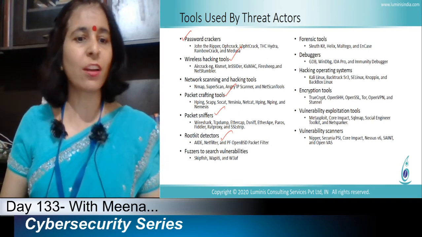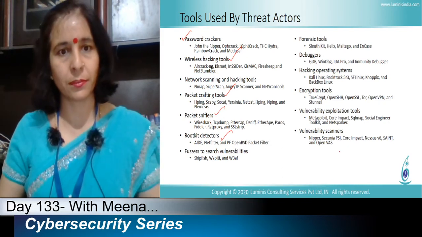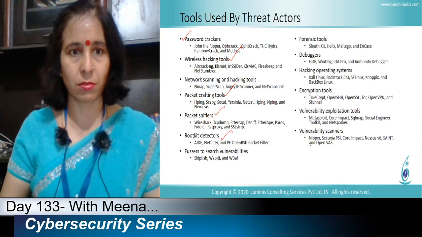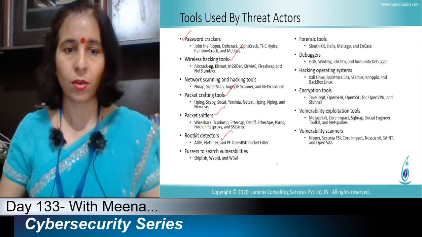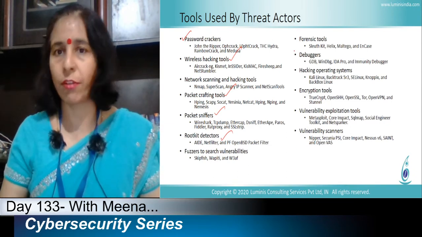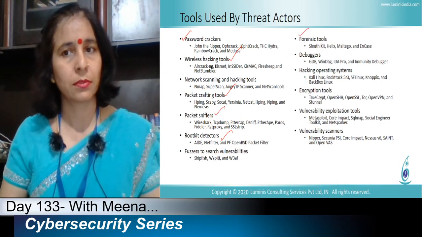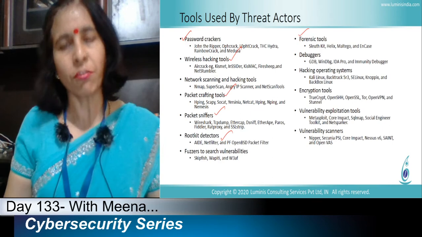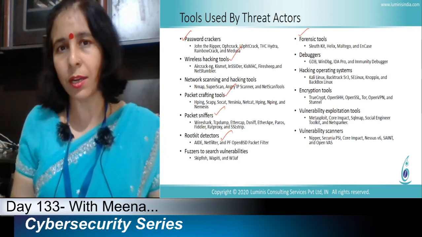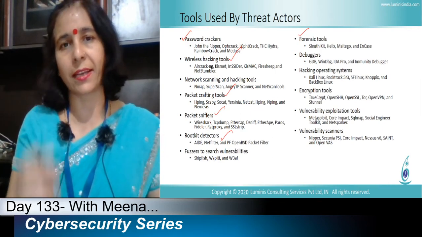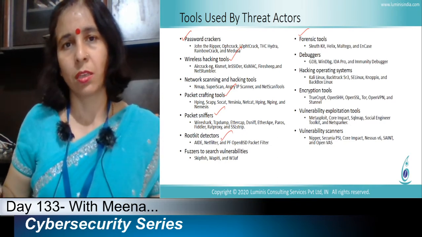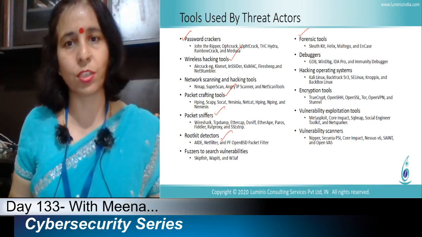Or a fuzzer to search for vulnerabilities: they want to find vulnerabilities in the network or in a system application. And forensic tools: they want to find information about a particular organization, or what type of information exists on devices after attacks can happen.